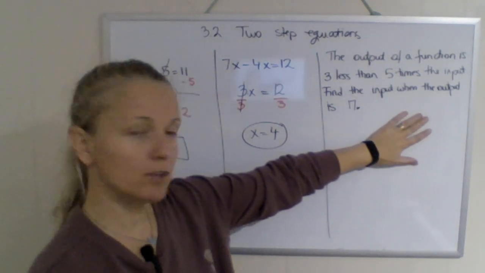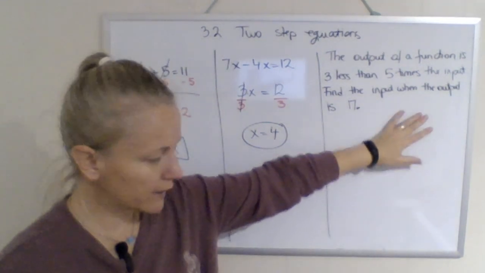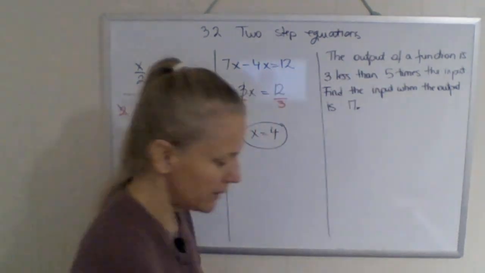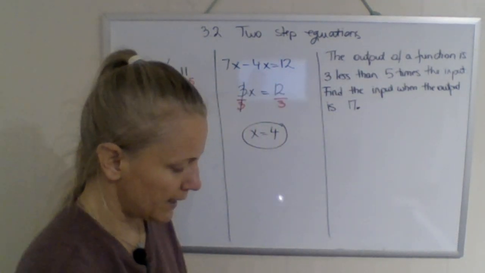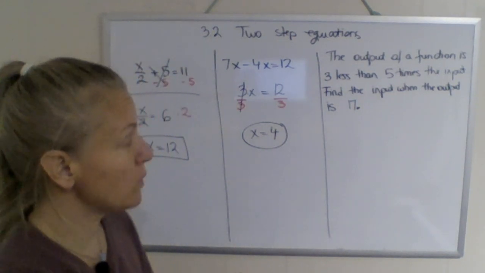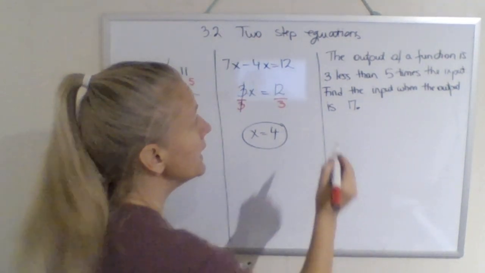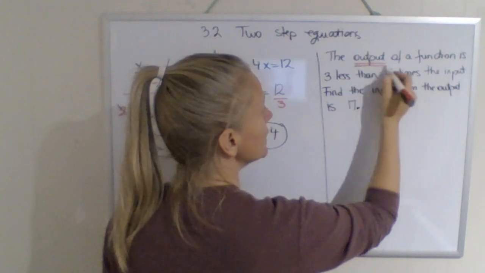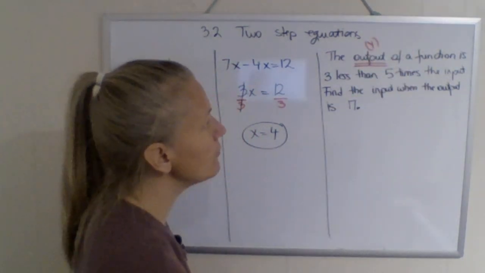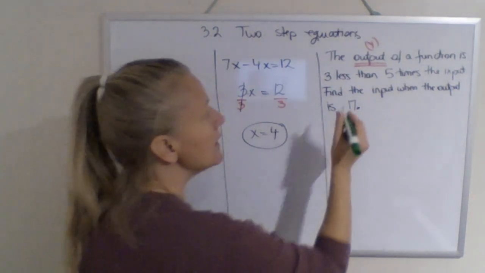This is the one that gave you more problems, this type of problem. So we're going to work it again, and I have 2 colors. I'm not sure if they're going to show up in the video or not, but I have a red and a green, and I'm going to use them to remind you what's what, because we have some keywords. The output, as soon as you think output, please think y, of a function is 3 less.